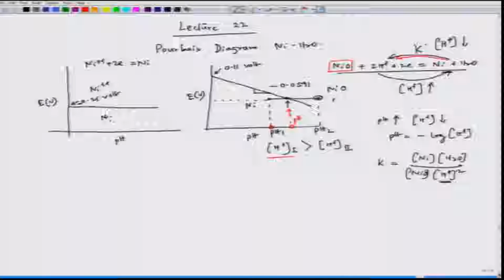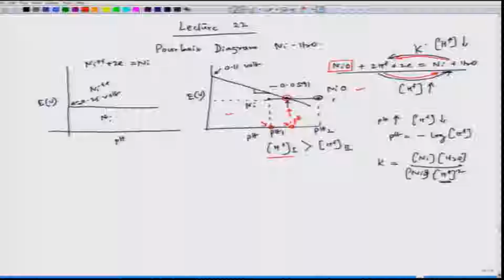At this point the H plus ion concentration would be more than at the other point, which indicates the pH level on the line of that E versus pH plot. Once we see the hydrogen ion concentration is increasing, in order to maintain this equilibrium constant we have to go to the other side. So, this region definitely should be nickel and this region should definitely be NiO.